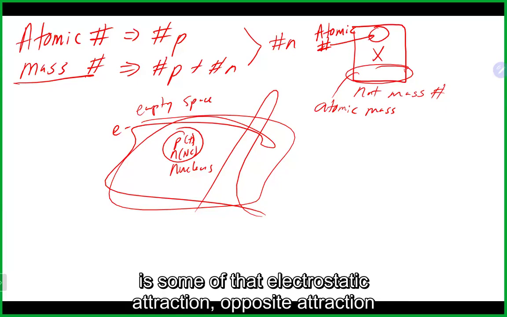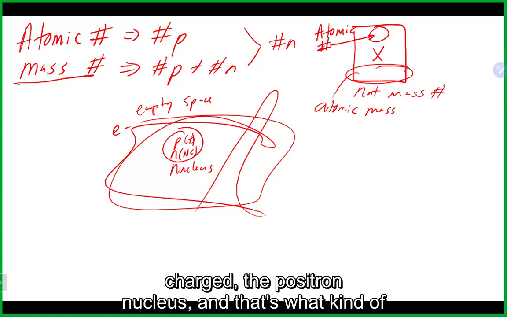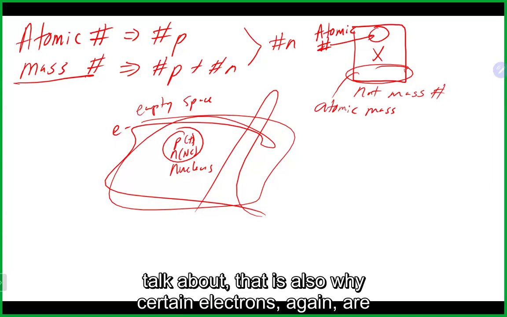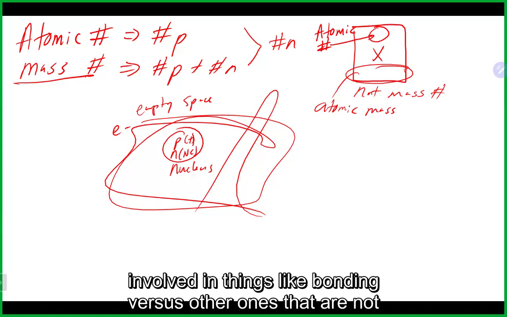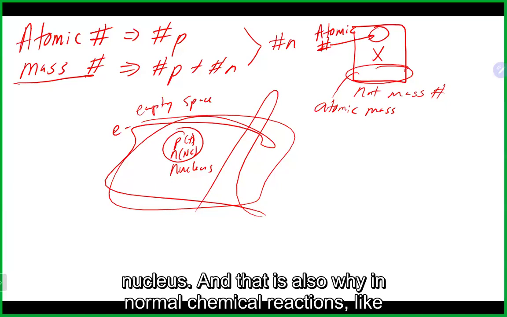There is some of that electrostatic attraction, opposite attraction, between the negatively charged electrons and the positively charged nucleus, and that's what keeps the electrons from just flying off. Also, as we will talk about, that is also why certain electrons are involved in things like bonding versus other ones that are not involved in bonding, based on their location to the nucleus.